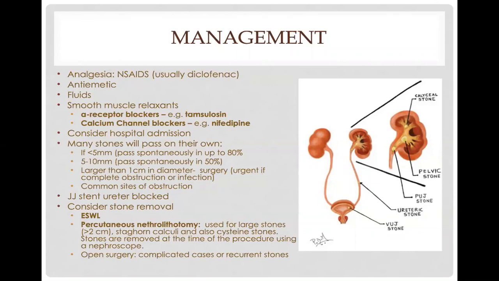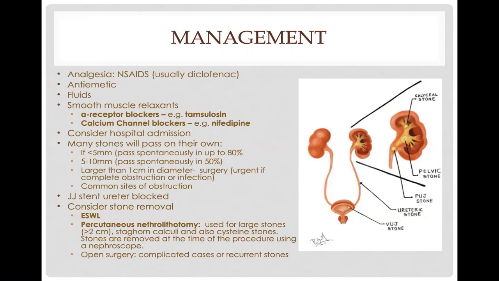You'll need to consider hospital admission. So for example, patients that have a fever, if they've got an infective obstructive system, if the patient, for example, only has one kidney or their kidneys aren't working particularly well, these are all patients to consider admitting. Many stones do pass on their own.